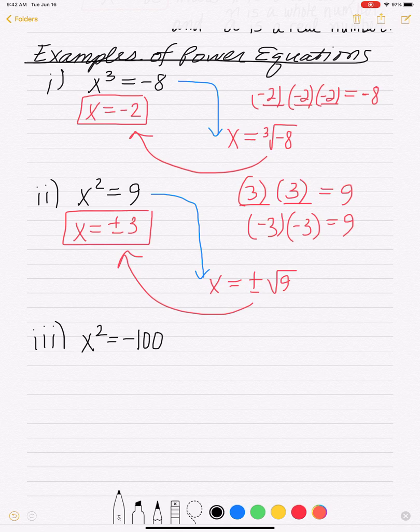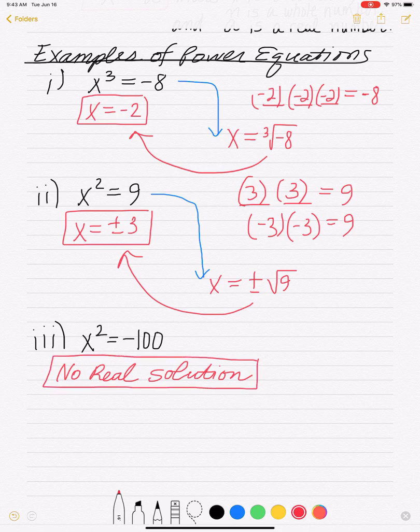So anytime you have an even power and a negative on the opposite side, you're not going to have a real solution. There's something called an imaginary solution to this, but we're not getting into that, so there's no real solution. You can't square a positive, a negative, or 0 to get negative 100.